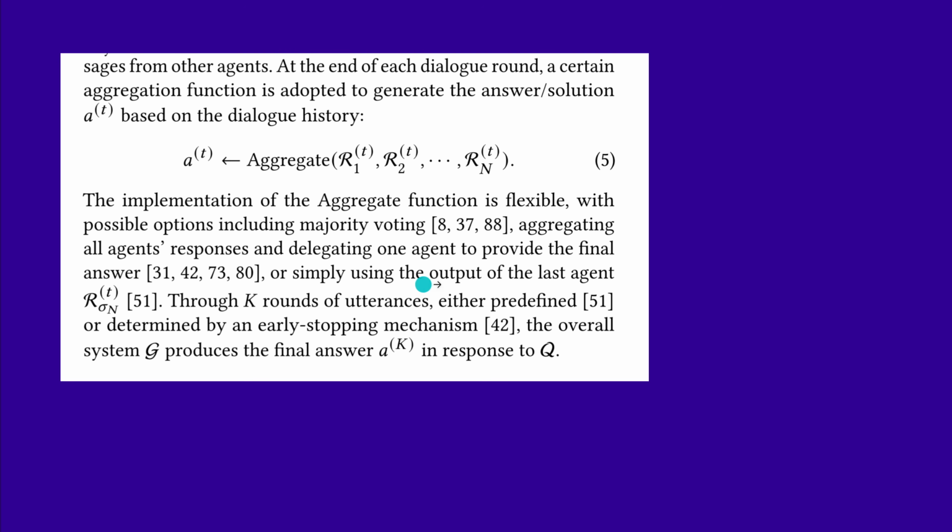Or you have simply the output of the last agent. You say it's always the last one, or whatever. You can have a formula that runs over all this. So the aggregate function is specific to your task, specific to what you expect from the system as an outcome. And after you have k rounds, 100 rounds, 1000 rounds of this, you have your final answer. You see, it is a simple optimization problem.